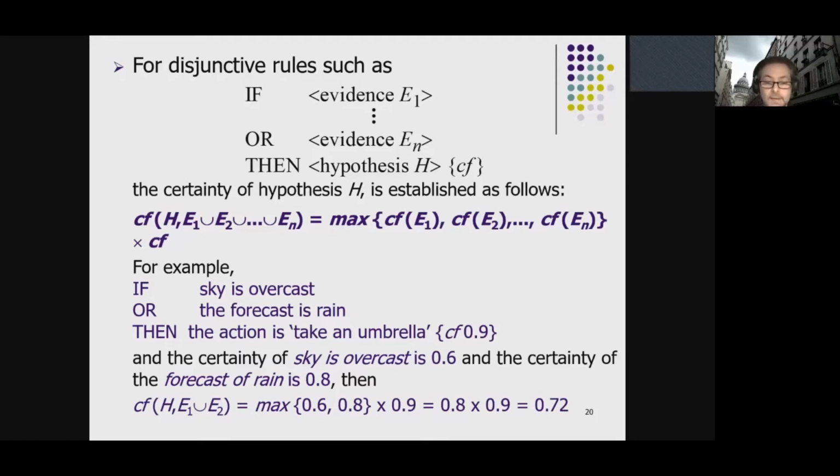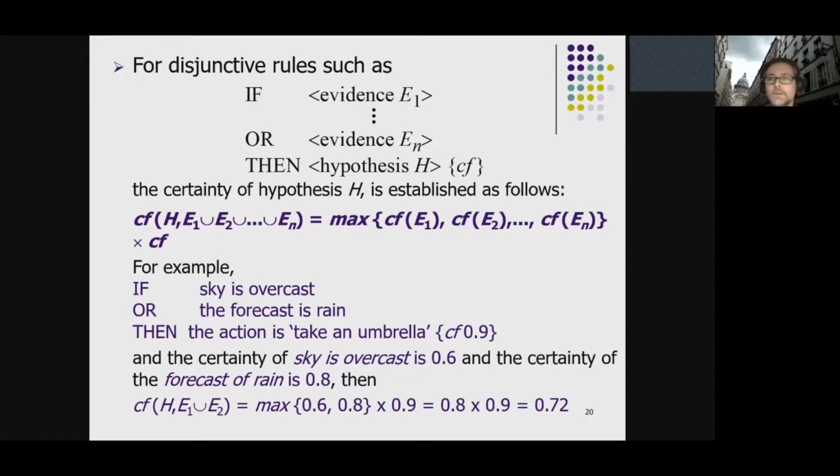So sky is overcast is 0.6. The certainty of forecast of rain is 0.8. Then we are calculating the maximum between the two values. It will give us 0.8. We multiply with 0.9, which means that the result of this rule is going to be 0.72. Okay. The calculations are very simple with this kind of approach. It's one of the advantages.